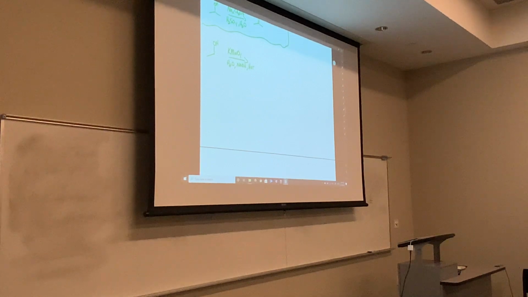Wow. So, what do you guys think is going to happen? Aha! You think an oxidation is going to happen, okay? So now we've got a transition metal with a lot of oxygen. Different conditions though, right? You guys see that?